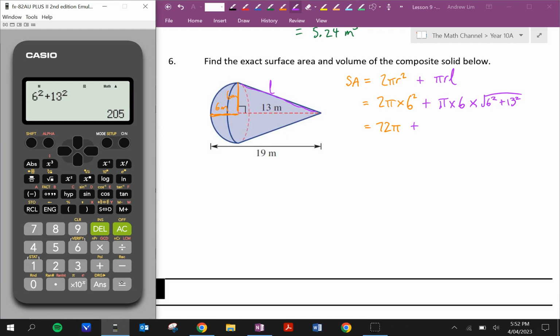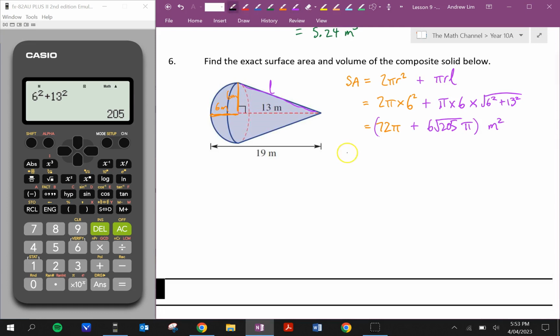So we get 6 root 205, 6 root 205 pi. Alright, and so that is it. So I'm going to put this in brackets. This is surface area, so this is meters squared.